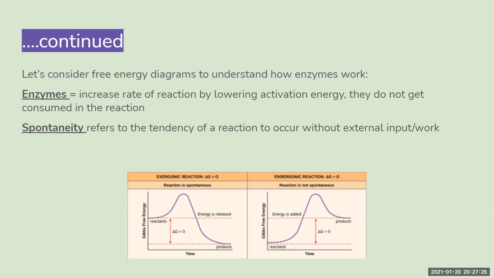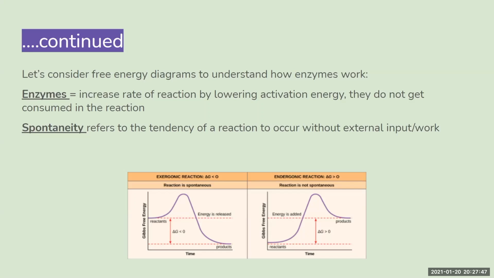They go into the reaction and they come out, and they are able to go into another reaction and do the same process over again. So it's important to know that enzymes do not alter the equilibrium constant of reactions, but they only increase the rate. So they essentially don't shift reactions one way or another.